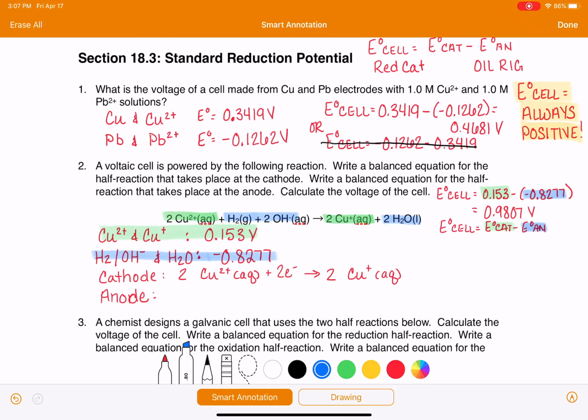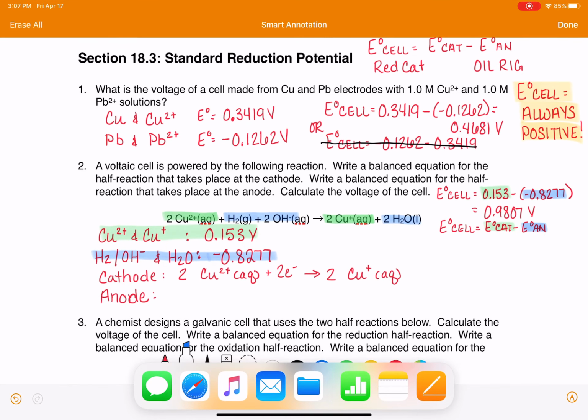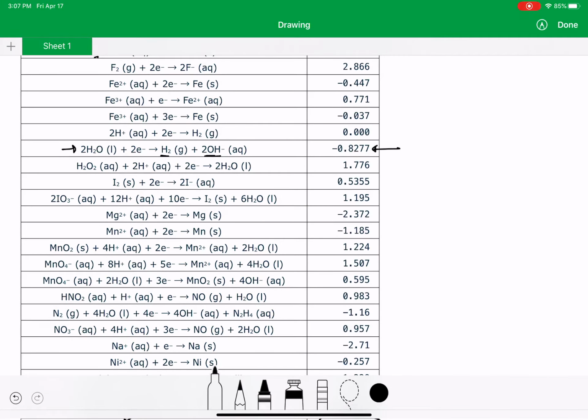So let's say that we were just really struggling, not feeling confident about writing this half reaction. So here's what we can do. We can go back to our table of half reactions, because guess what? In this table, they are all written and balanced for us. All that hard work that you did learning how to write and balance these half reactions, there they are. And so all that we have to do is copy it.